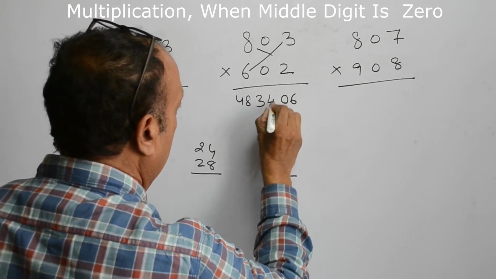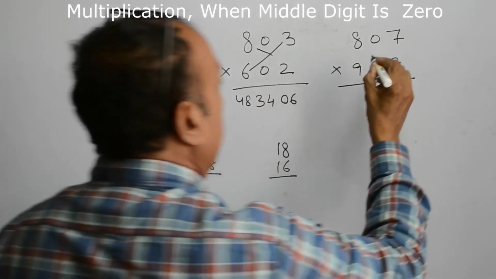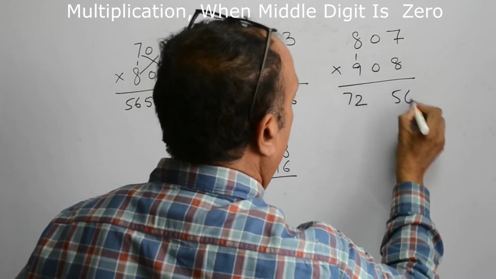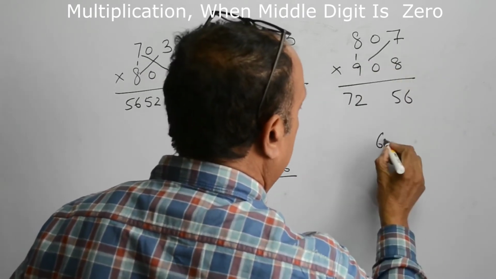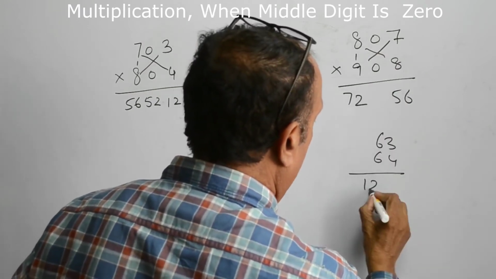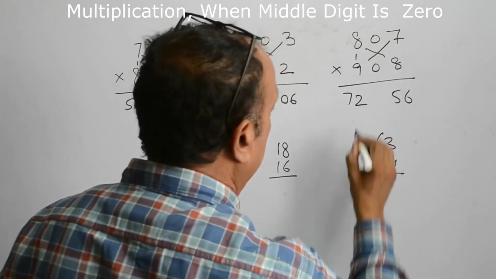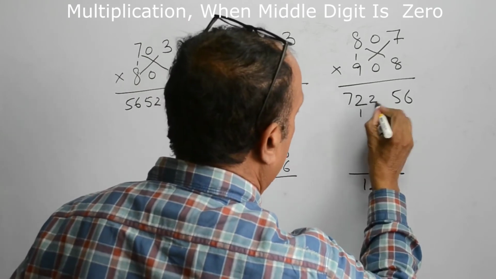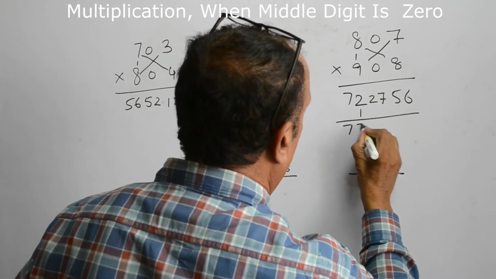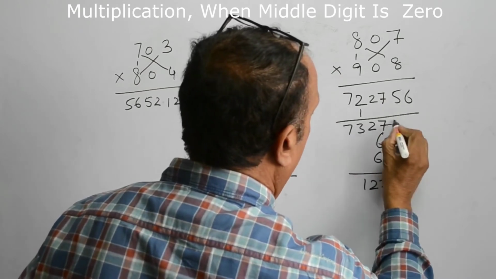In the middle, here it is 72, 56, 63, 64. 127. So 127 will be like this, 127. So the final answer will be 7325756.